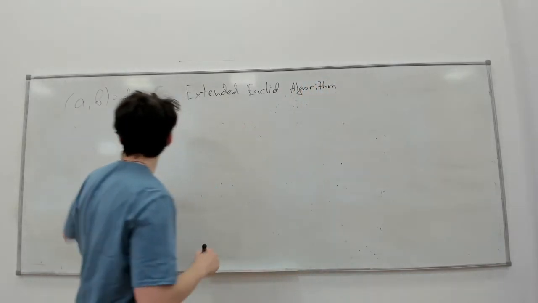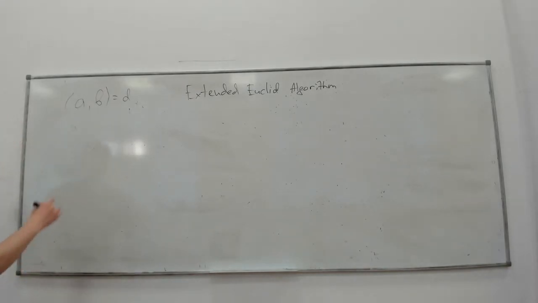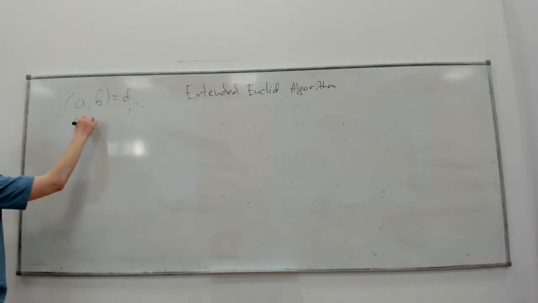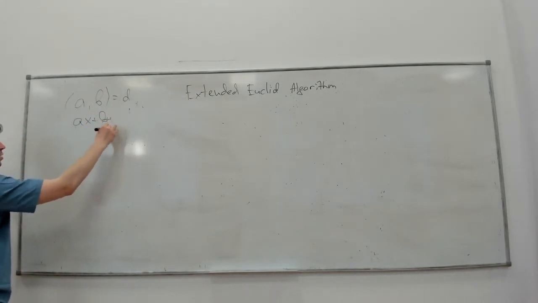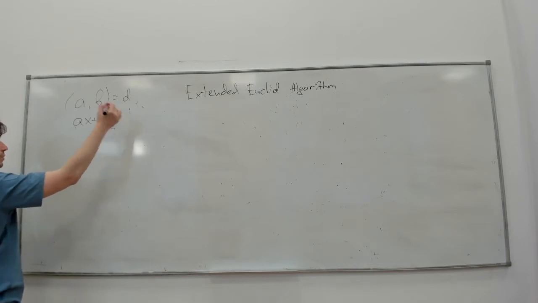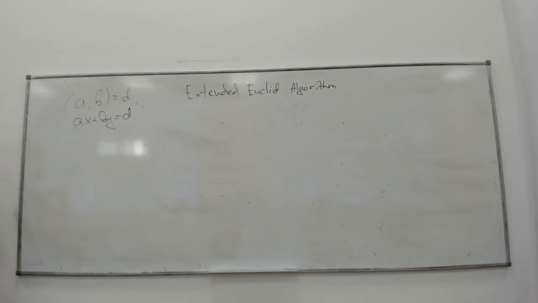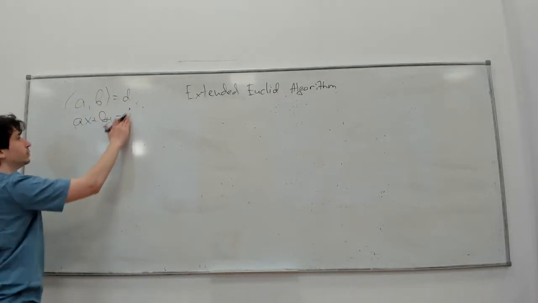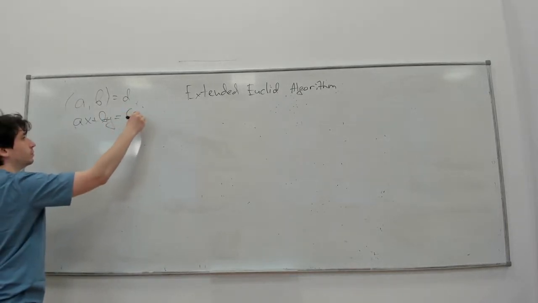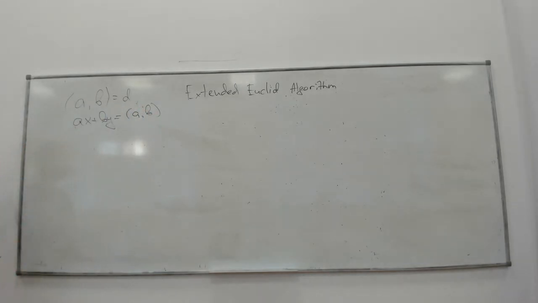So you're still given two numbers, and the idea is to find x and y so that ax plus by equals d, which is a common divisor. The idea is quite simple.